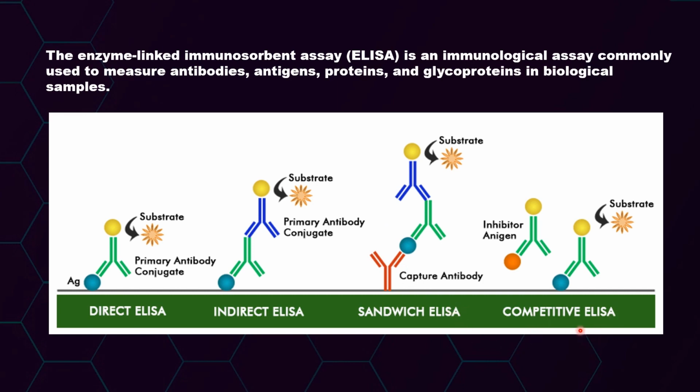And when you have a competitive ELISA, you have an antigen in your sample, and then you use an antibody that is bound to that particular sample, and that is associated with a particular enzyme giving a color, and you add another inhibitor antigen which inhibits the interaction of this antibody with the antigen, and this replaces the first antibody, and there is a reduction of the color that is generated.